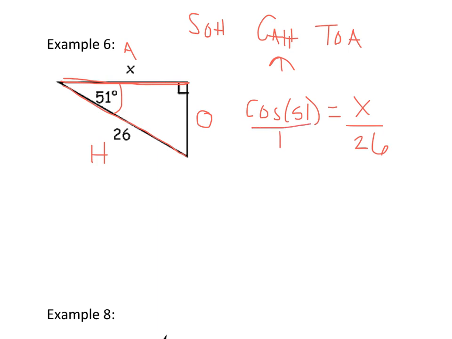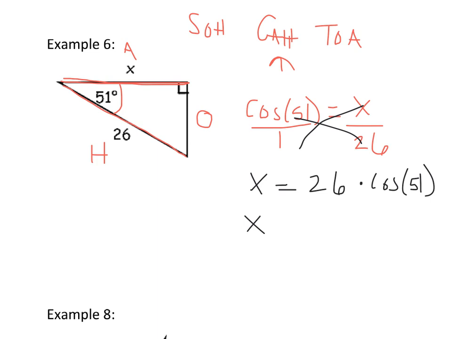So I put it over 1, and then I multiply. 1 times x is just x, which equals 26 times cosine of 51. X is by itself, so all we do is multiply 26 times the cosine of 51, which gives us 16.4.